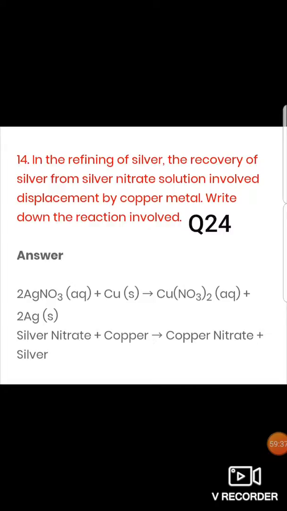So copper metal here is involved in refining the silver.